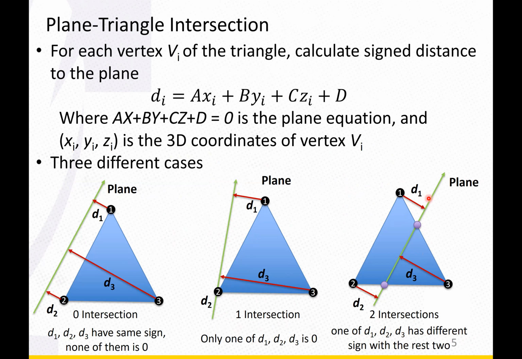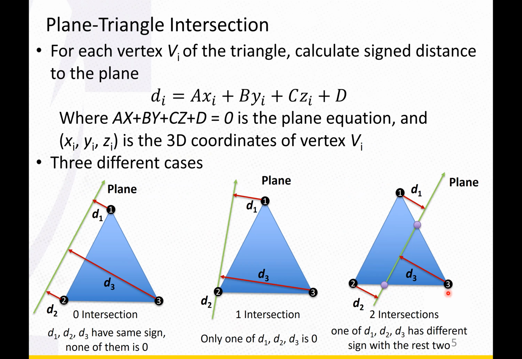For example, in this case, this is a plane. We use 2D to illustrate the 3D case. The distances for vertex 1 and vertex 2 are in the same sign. They're either positive or negative, but they are in the same sign.